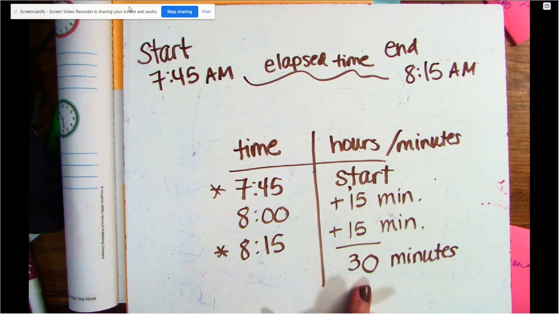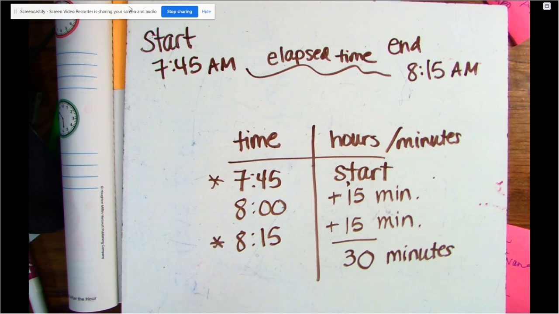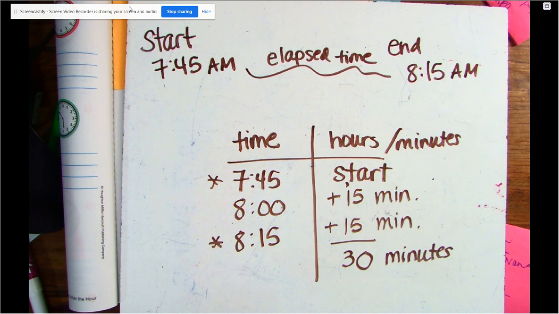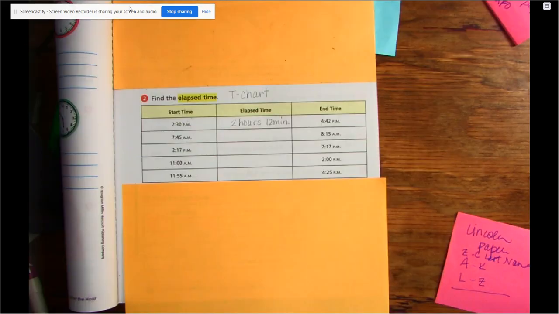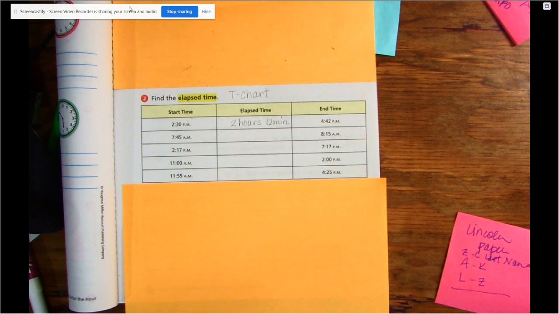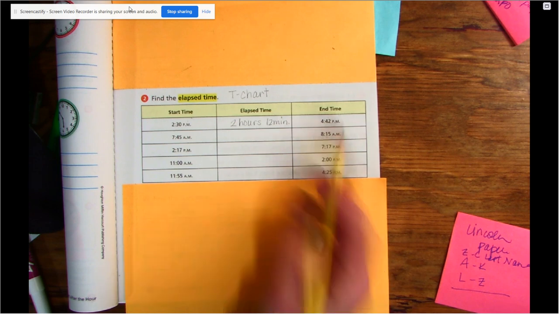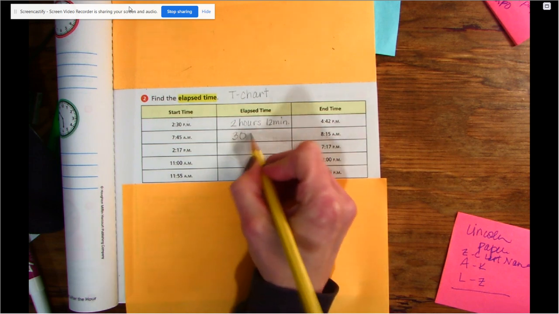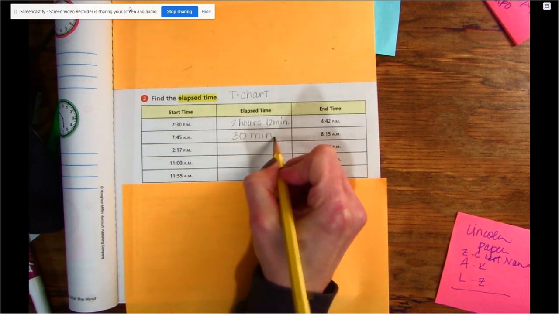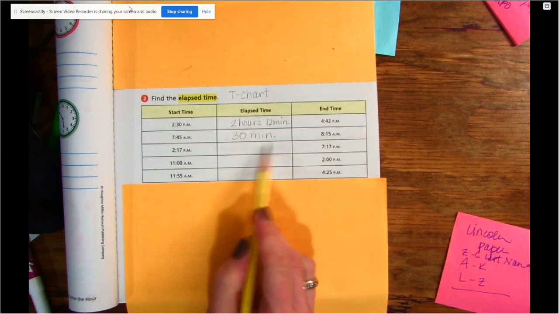Only 30 minutes passes from 7:45 a.m. to 8:15 a.m. Okay, pause the video and copy this down on your paper. We're going to transfer that information into our chart. So from 7:45 a.m. to 8:15 a.m., it was 30 minutes, and we're going to use that abbreviation. Okay.